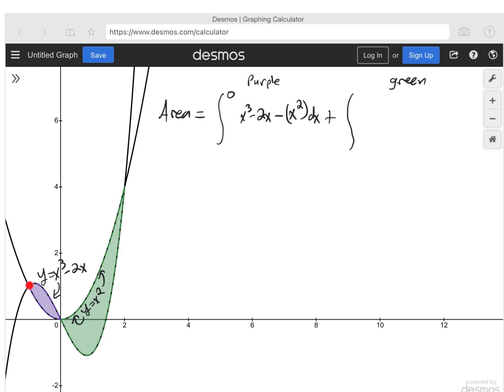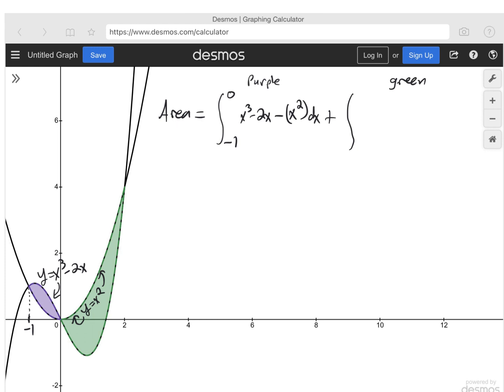It's just whatever x value is over here, where this thing would equal this thing. If you want to take the time to set them equal to each other and solve that, you should see that one of their intersection points ends up being -1. So let me go ahead and write that down. -1 is that x value. So -1 is my lower limit of integration for the purple area.